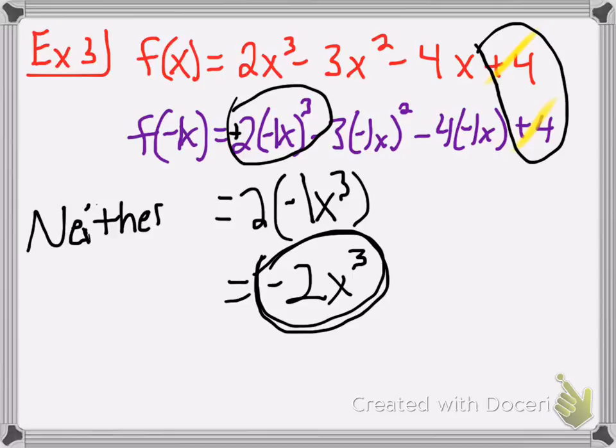Which way do I go? Sorry, Bub. Which way do I go? So that's the best way of looking at it. If you can't decide if some things change and some things don't, if it's got a mind of its own, it's a neither function.